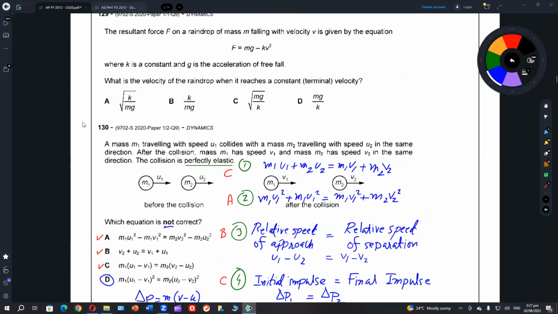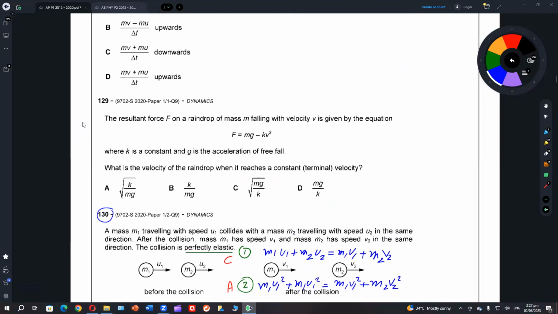So that was a good challenging question, which actually revised many things. Now, the resultant force on a raindrop of mass m with velocity given by this equation, where k is constant and g is gravity. Find the velocity of the raindrop when it reaches a constant velocity.